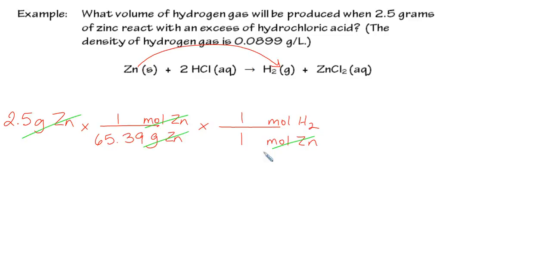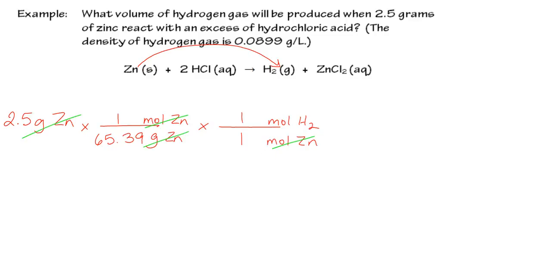If I knew this was at standard temperature and pressure, I could use that 22.4 liters as the volume of 1 mole. But I don't know that it's at standard temperature and pressure. The only thing that hints at volume is that density, a ratio of grams to liters.